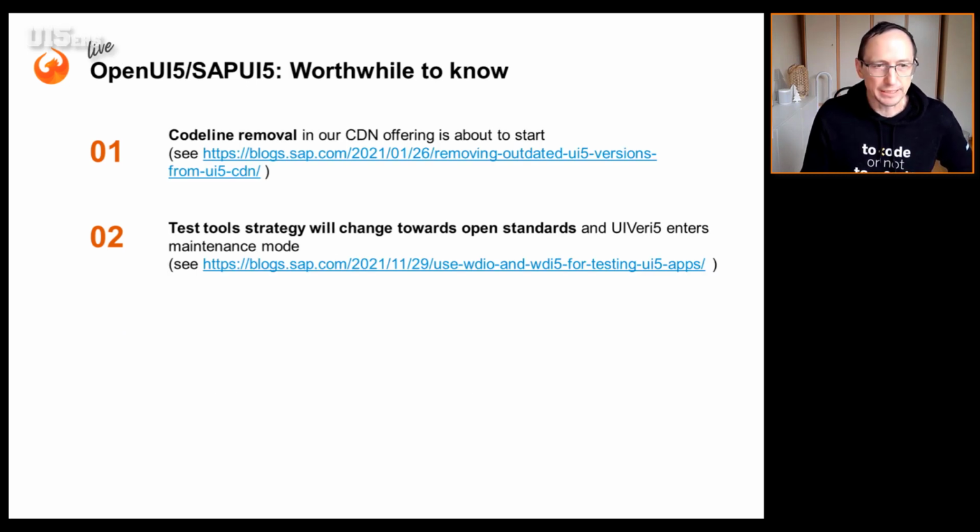Good. Now coming to two more topics that I would call worthwhile to know and to recall. We already have some communication on this. In January, we will really start to remove the first code lines from our CDN offering, our Akamai offering.